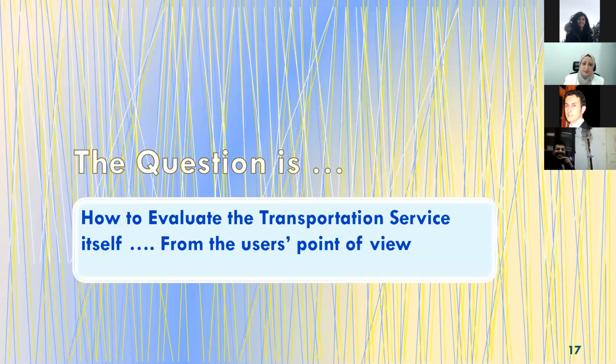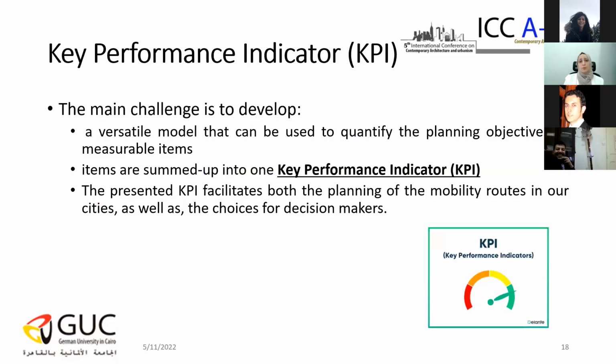So the question now is, how can we evaluate the transportation service itself and see, is it possible to use mobility as a service or not, as it's more reliable and resilient, more transportation service. And all of this should be from the point of view of the user. So we picked here a measure by key performance indices.